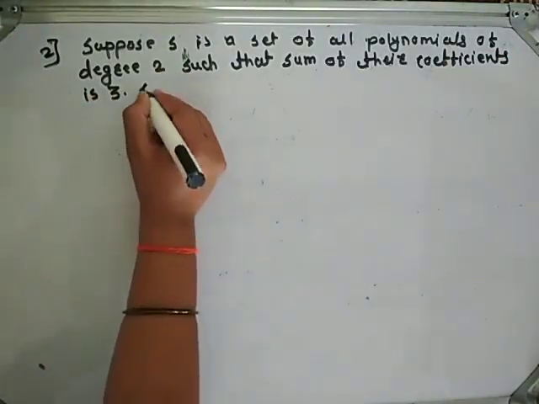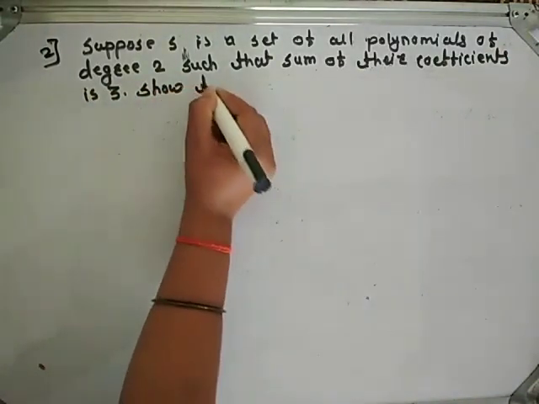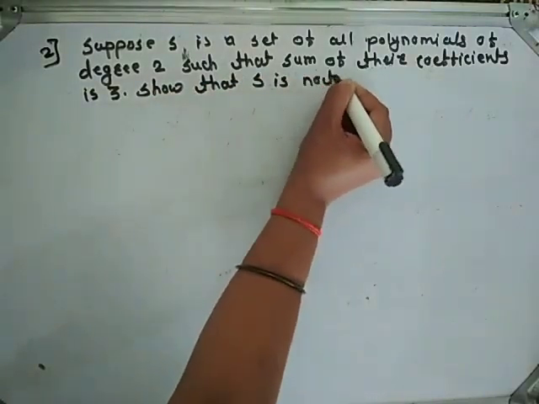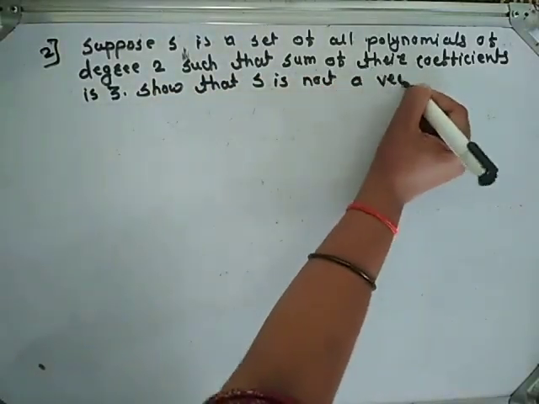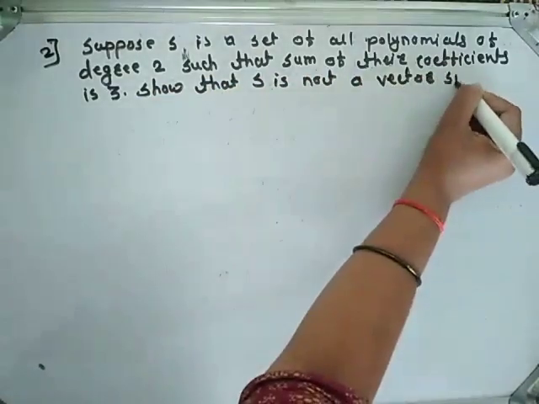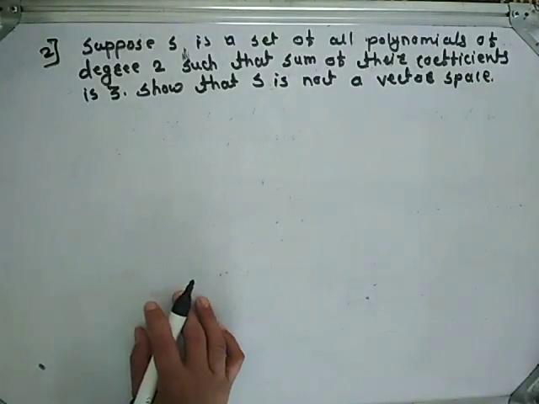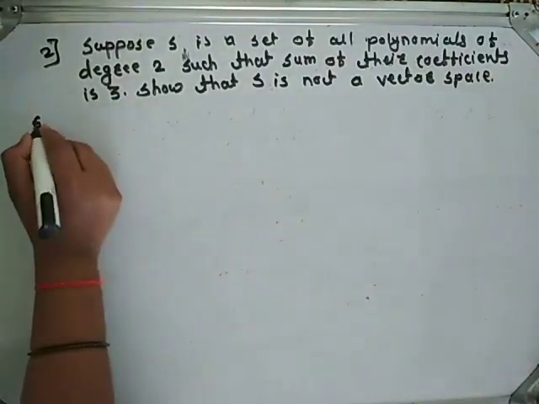Show that S is not a vector space. Okay. Solution.